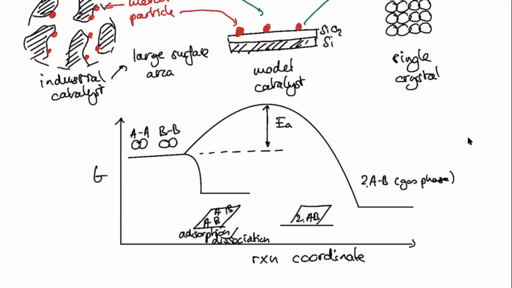Then we have here a typical activation, right? So here we have the EA with catalyst, and then we have desorption, which also has almost no barrier, but let's draw it like this. Okay, so those are the different steps that you would go through for a heterogeneous catalyst.